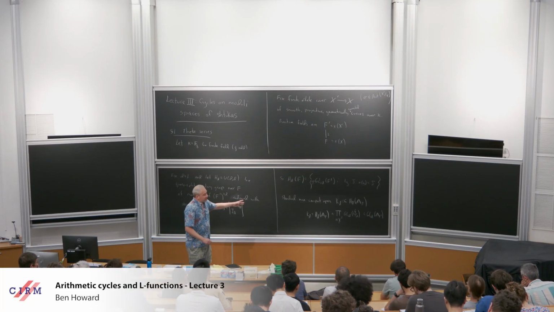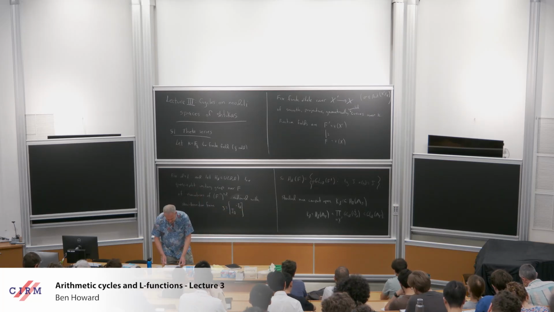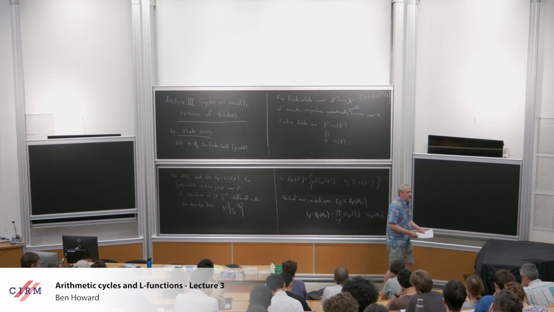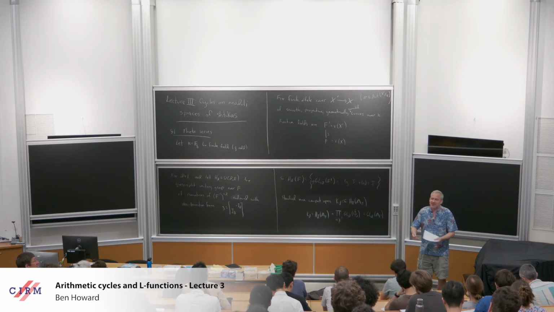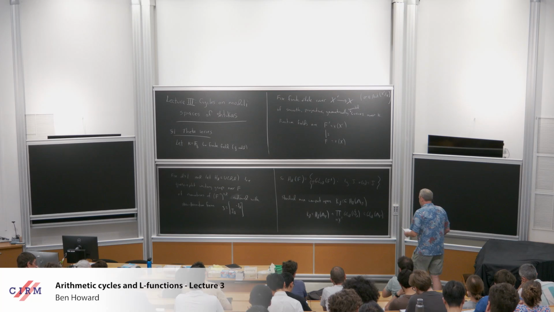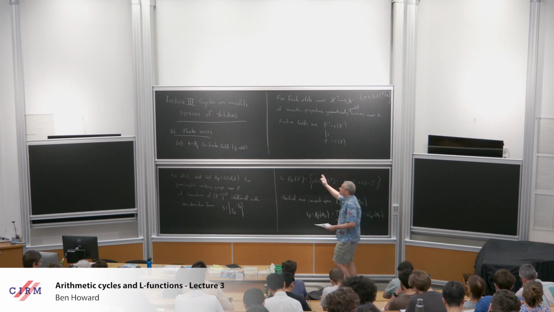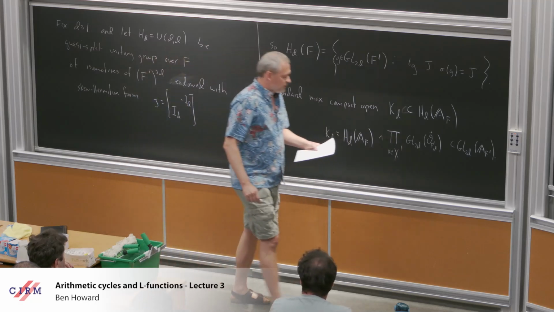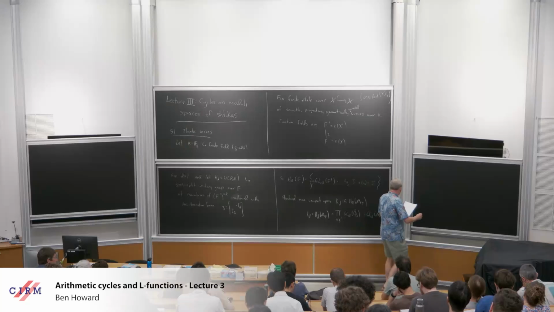And so I want to talk about unramified automorphic forms. So, I mean, the theory of automorphic forms works the same way over function fields as it does over number fields, except it's a lot easier. Because everything from start to finish in this lecture is going to be unramified. There's going to be no presence of any ramification anywhere.